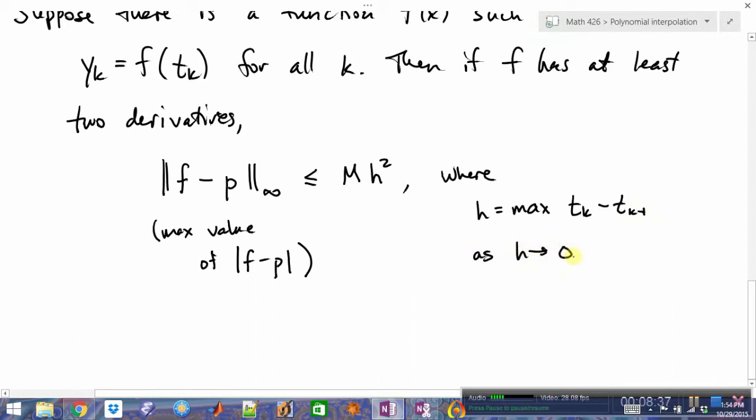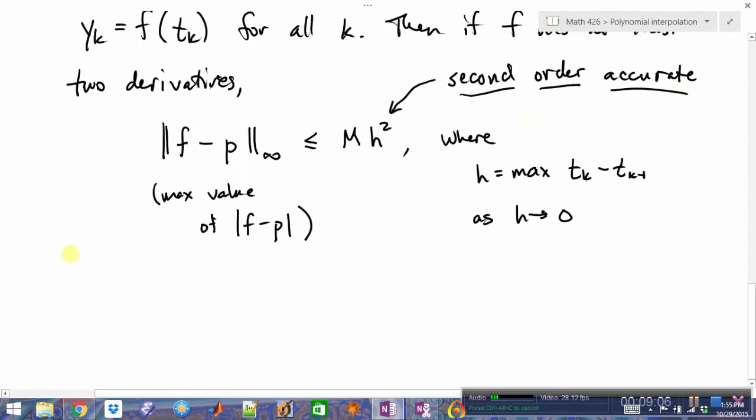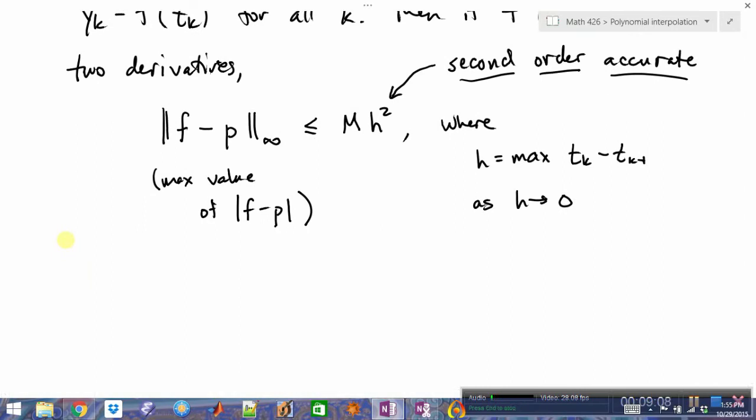The simplest way to think about this is when the nodes are equally spaced with a spacing of h between them. Then we would call this piecewise linear interpolation second order accurate. So if you use twice as many data values, the interpolant is going to be 4 times more accurate. That's pretty good. We'll see that we can do better.